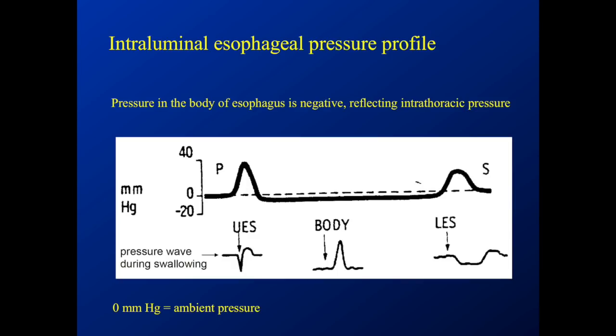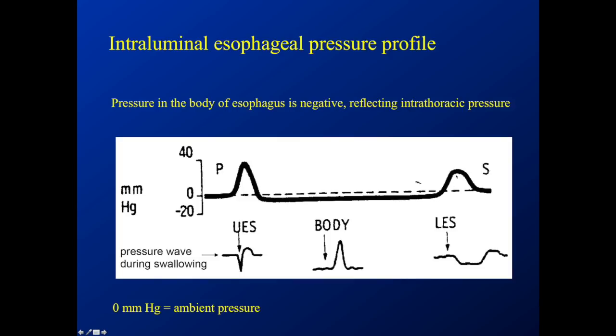This is another diagram showing the pressures at rest of the different parts of the esophagus, and this is in millimeters of mercury. So it's ambient pressure or atmospheric pressure in the mouth, and then the upper esophageal sphincter is a high pressure area, and then the lumen of the esophagus is actually negative, as pointed out in the last slide.